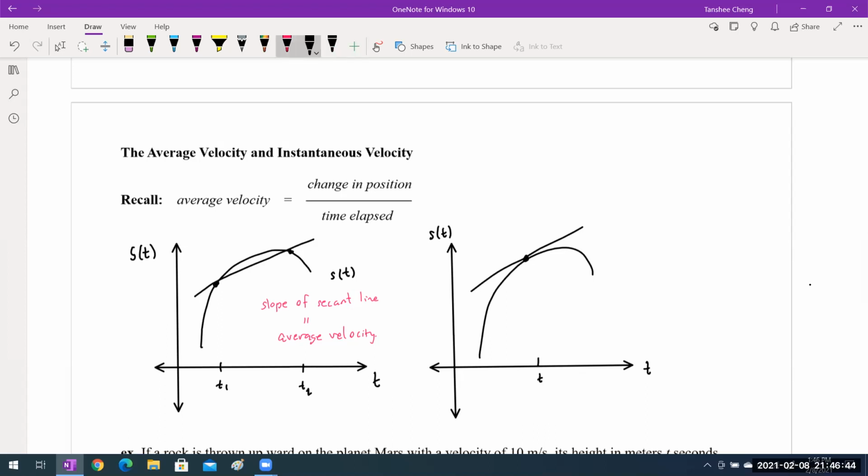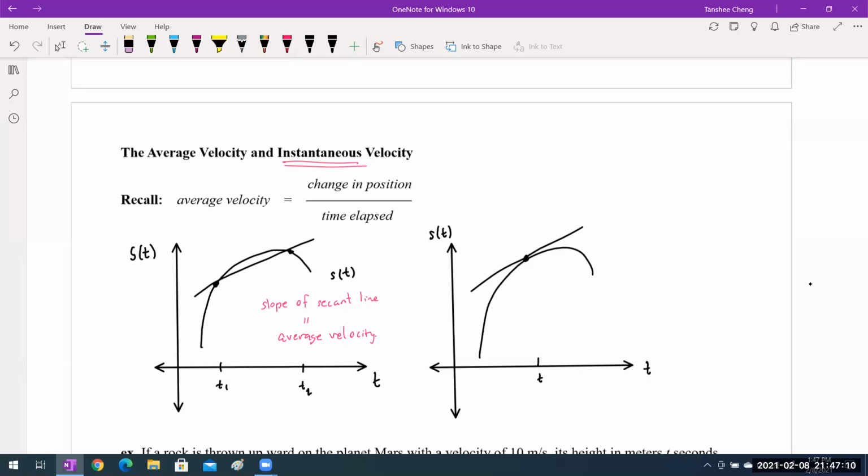So now, in the earlier example, you might be thinking, why do we need the slope of the tangent line? It has a lot of applications. This is one of the examples that I'm giving you. What is the velocity at that particular point, which is the instantaneous velocity? So that's how we can relate it.